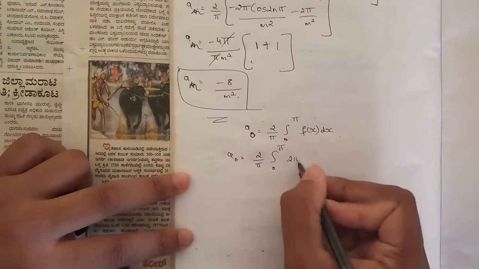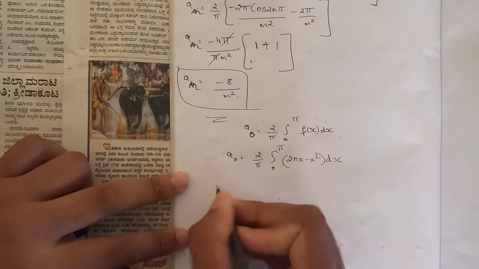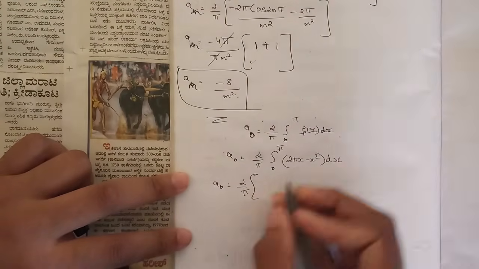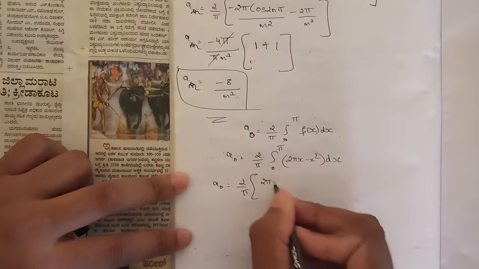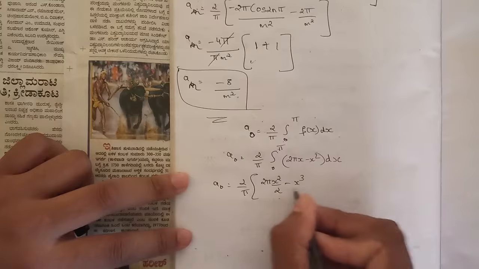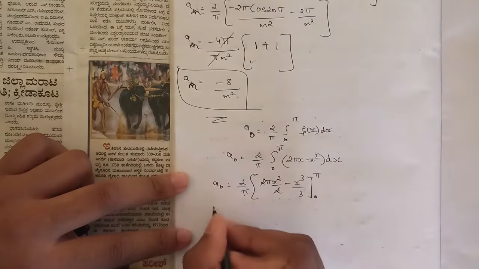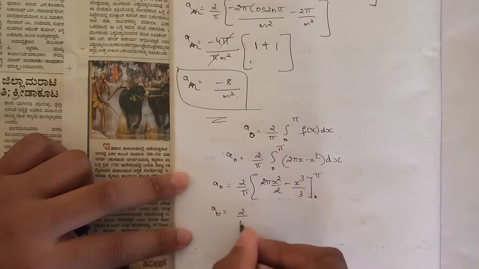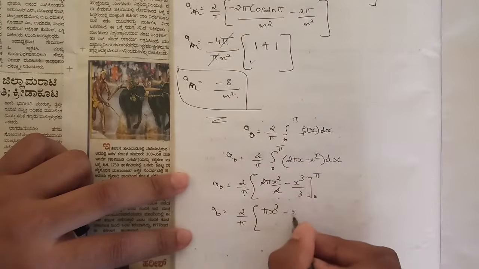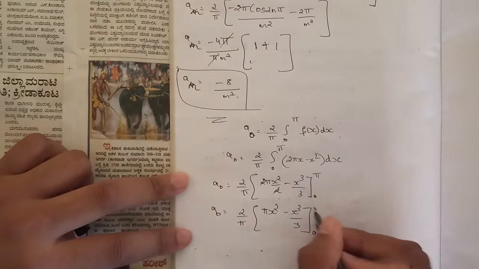f of x is 2 pi x minus x square dx. Integrate this: it becomes 2 pi x square by 2 minus x cube by 3, 0 to pi. Here 2 gets cancelled, therefore a naught equal to 2 by pi into pi x square minus x cube by 3, 0 to pi.